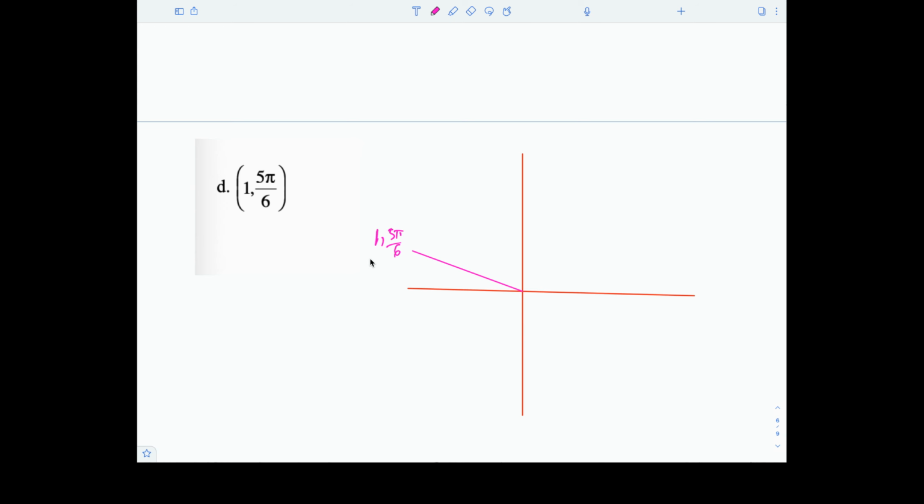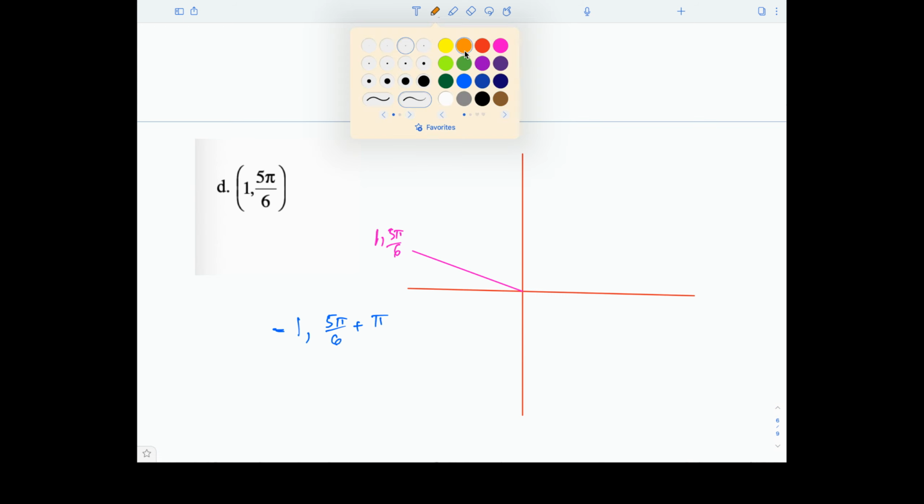So there are lots of different ways of doing this. One way would be to negate the 1 and add 180 degrees, which is just pi, so I'm adding pi. But pi is just 6 pi over 6.